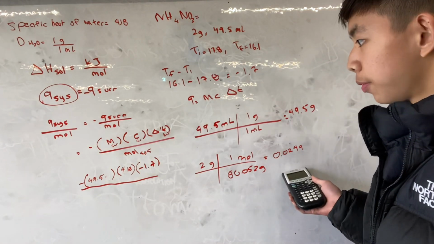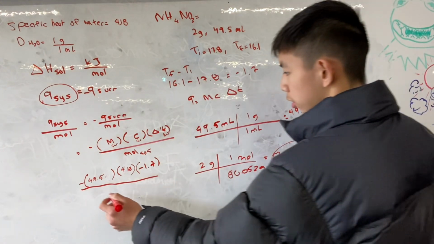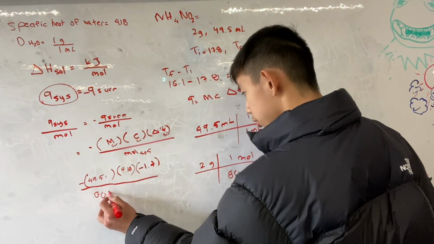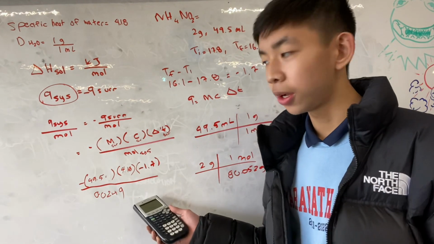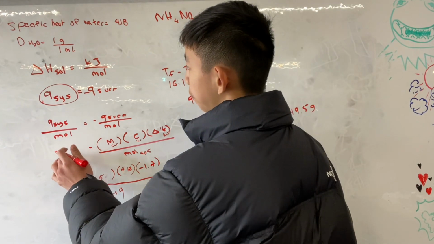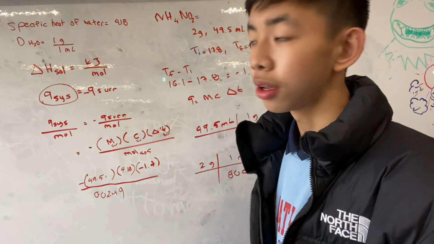So we just put this in there over 0.0249. Now we just need to calculate that out to find the H of solution, or the enthalpy.